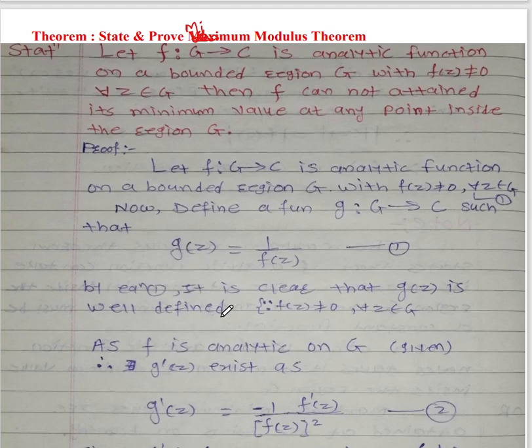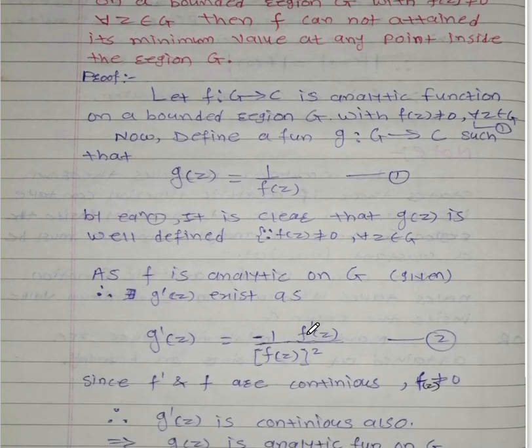If f of z is an analytic function, then g of z is also an analytic function. Since f is analytic on region G, this is given, therefore g of z is well defined. So there exists g dash of z, the derivative of this term. Therefore g dash of z equals minus 1 upon f of z whole square into the derivative of f of z, that is f dash of z. Equation number 2.